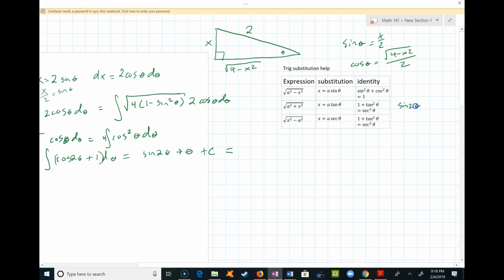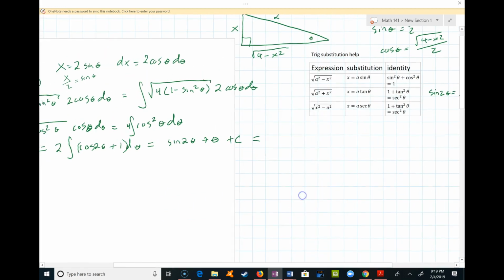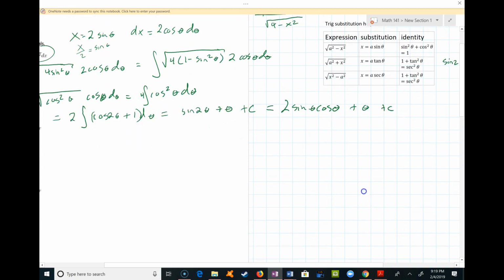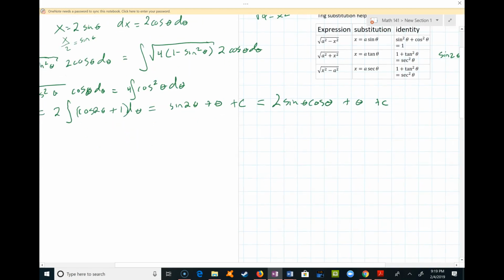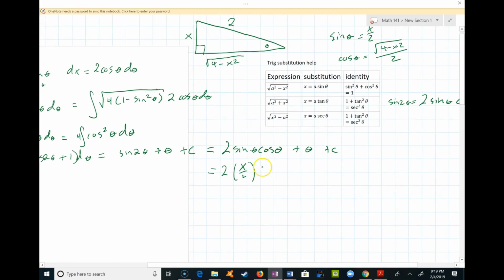There's a trig identity that says sine of 2 theta is equal to 2 sine theta cosine theta. So this will become 2 sine theta cosine theta plus theta plus c. Then we're going to make a substitution for sine theta. So this is going to be 2 times, of course, sine of theta is x over 2. And cosine theta, we just said, is the square root of 4 minus x squared over 2.